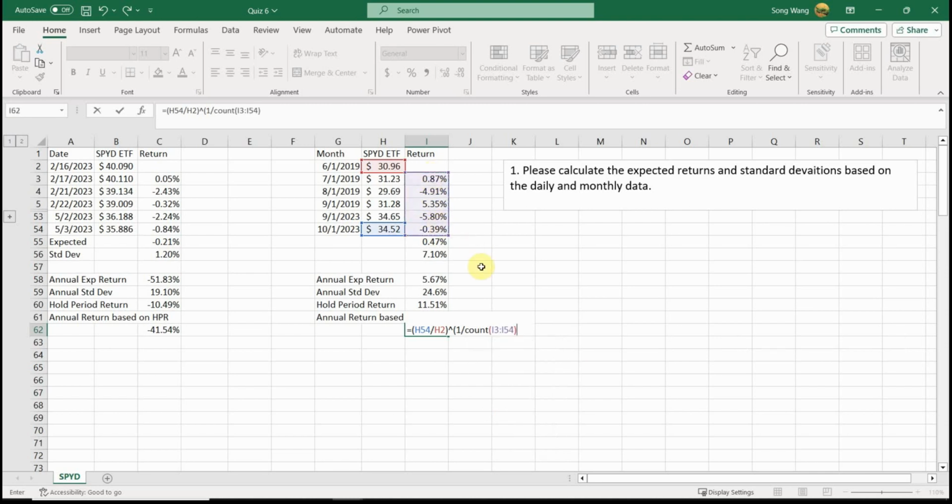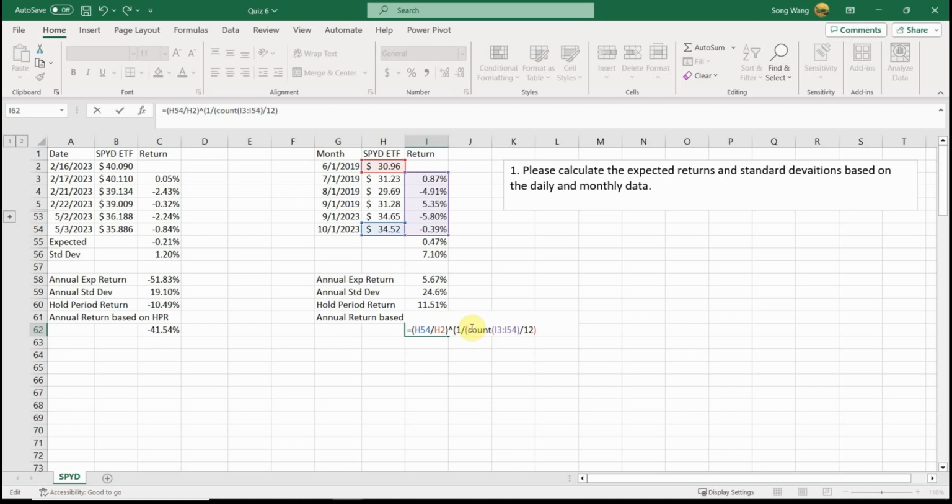Roughly that's 51 months, divided by 12, and make sure this is covered in parentheses.